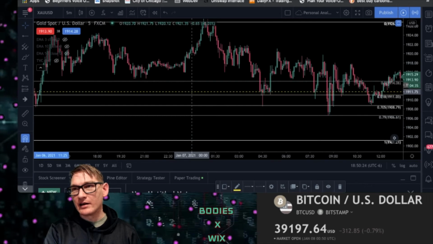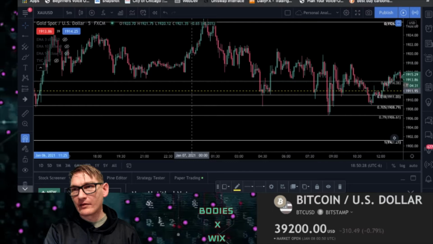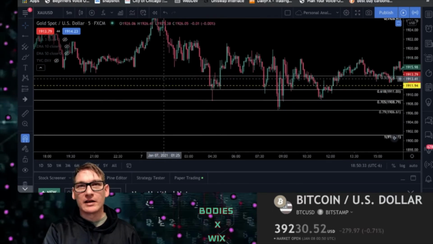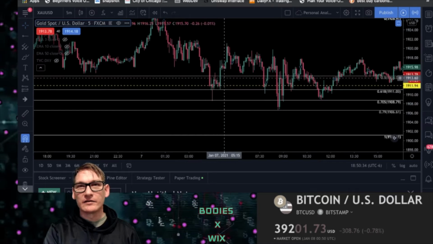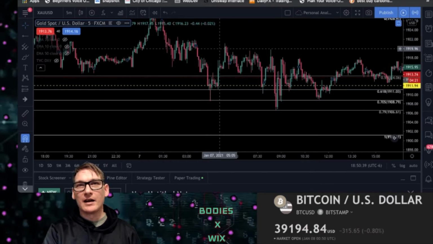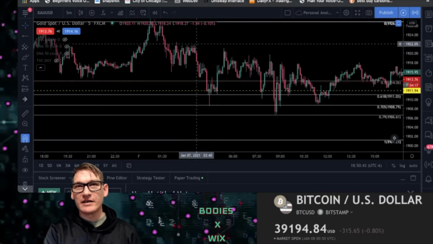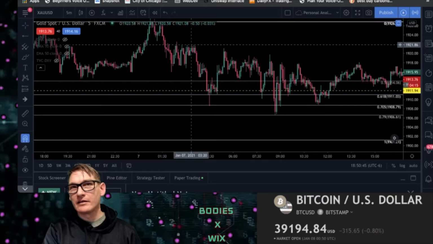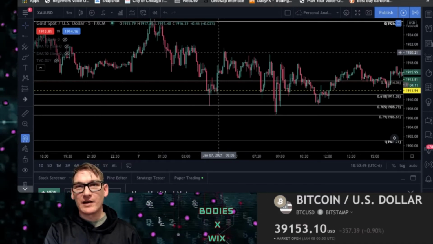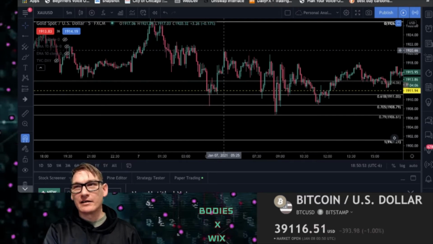If we look at 1912, close enough, it comes down, hits 1912, and then boom, goes up the other way, and it doesn't clear these highs. I'm glad I got out here, because I was waiting to see if it was going to clear those highs, and it didn't.